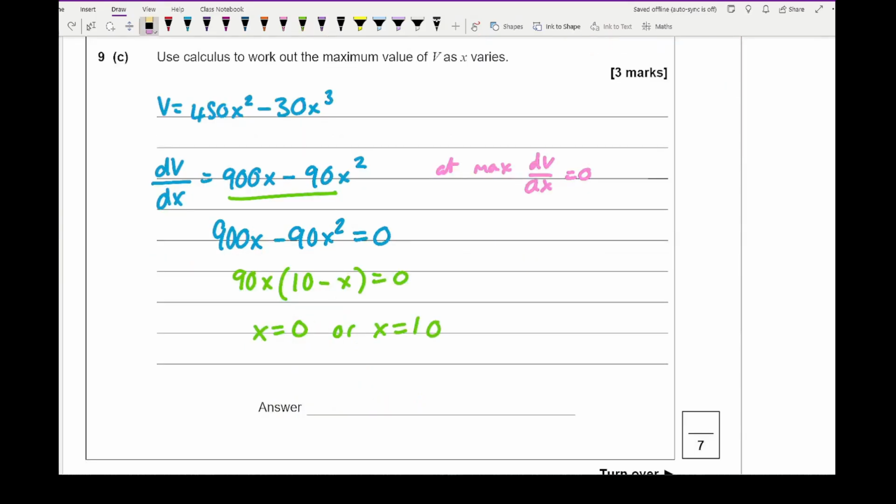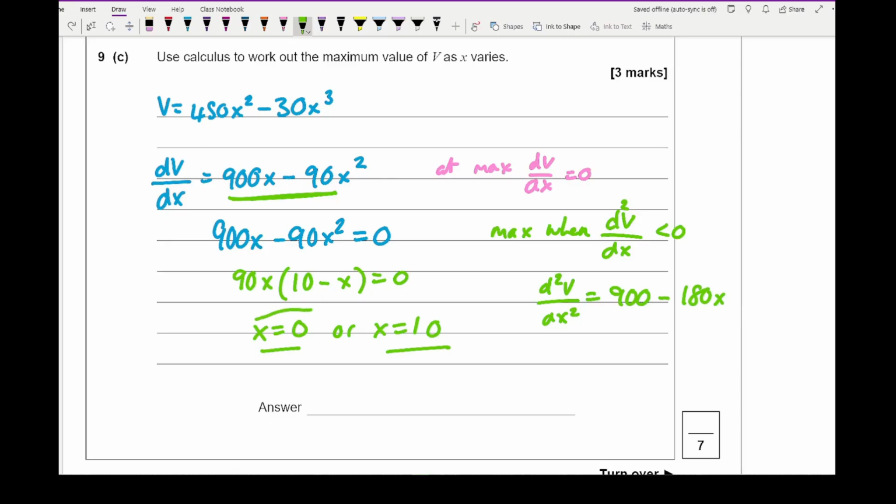Now the last thing for me to do, now I know that they're stationary at these 2 points, is that the maximum is when the second derivative is less than 0. The second derivative, d squared v over dx squared, is going to be 900 minus 180x.